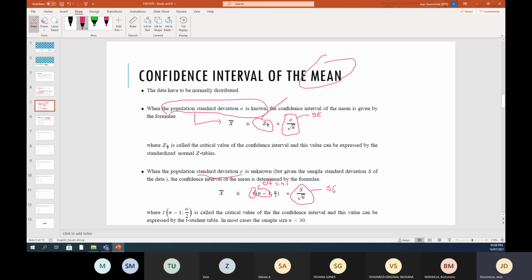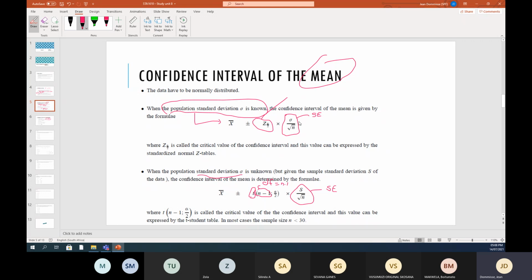It would be interesting to see in your assignments if they at some stage give you a standard error instead of a standard deviation and your sample size.